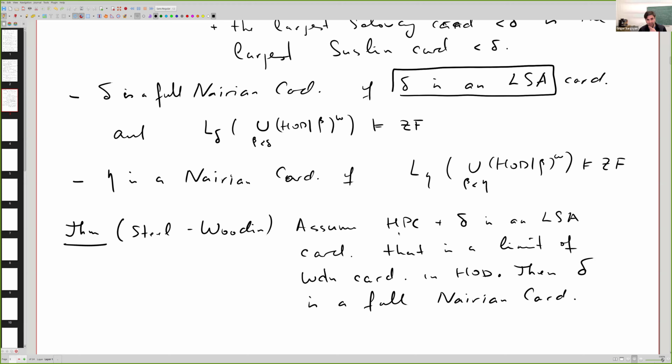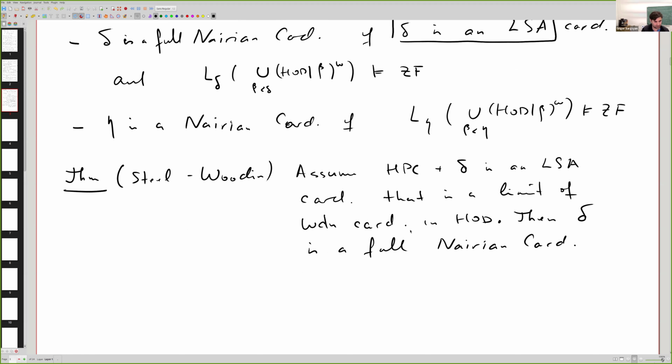Steel showed this assuming HPC, which is the hypothesis he defined in his book on normalizing and comparing iteration strategies. HPC, called hod pair capturing, is basically saying that hod analysis can be carried out, whatever that means.